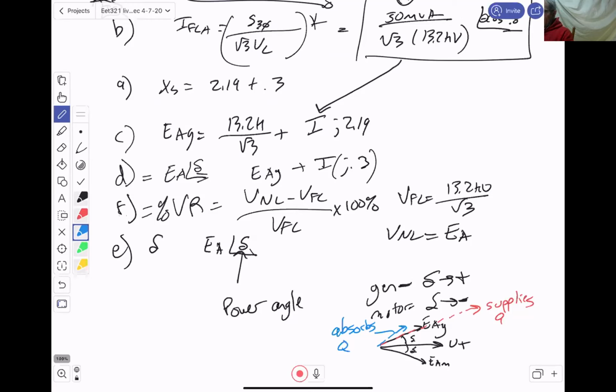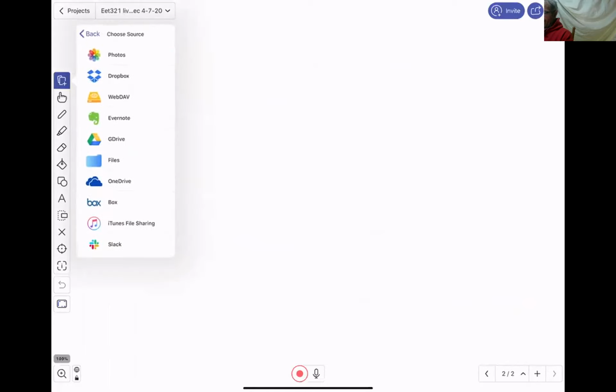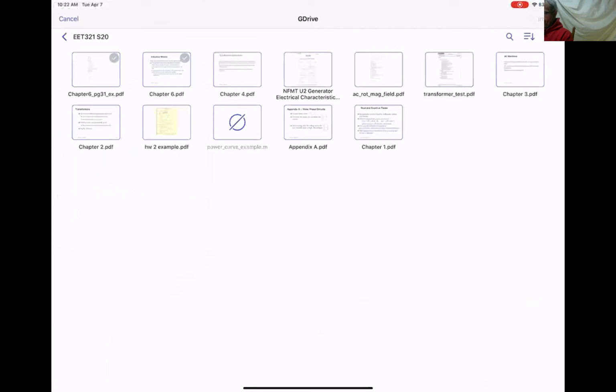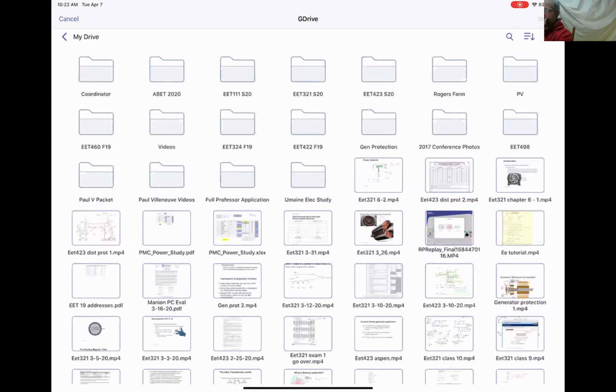So let's see if I can bring up the curve on this one. Hopefully this will work. I don't see assignment 4 here, so just bear with me while I bring up assignment 4.